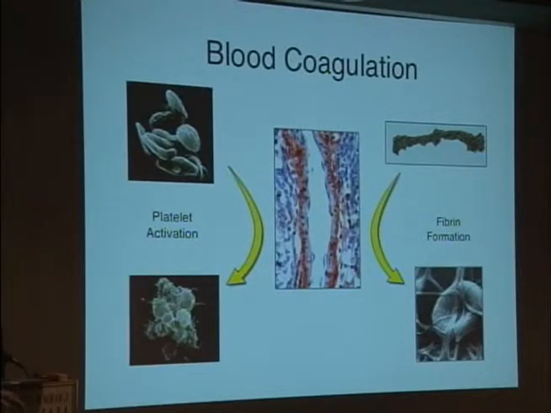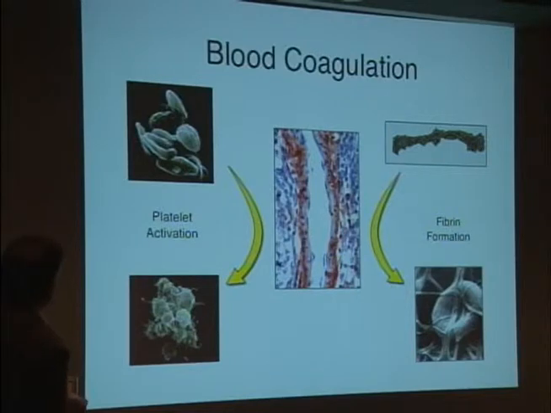The general idea behind hemostasis, normal blood coagulation, is that triggers for both platelet activation and fibrin formation are sequestered from the normal bloodstream by the healthy endothelial layer, and when that's interrupted, you get exposure of these elements underneath the blood vessel endothelium. The red staining material here is tissue factor, which you heard about in the previous talk, and that's going to result in clot formation.